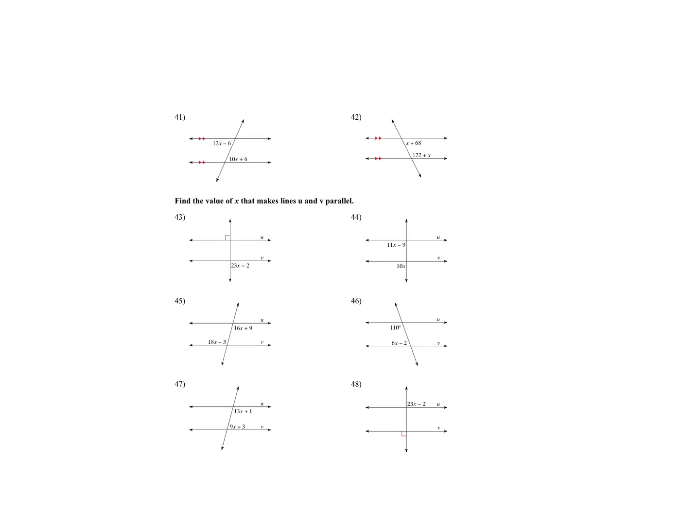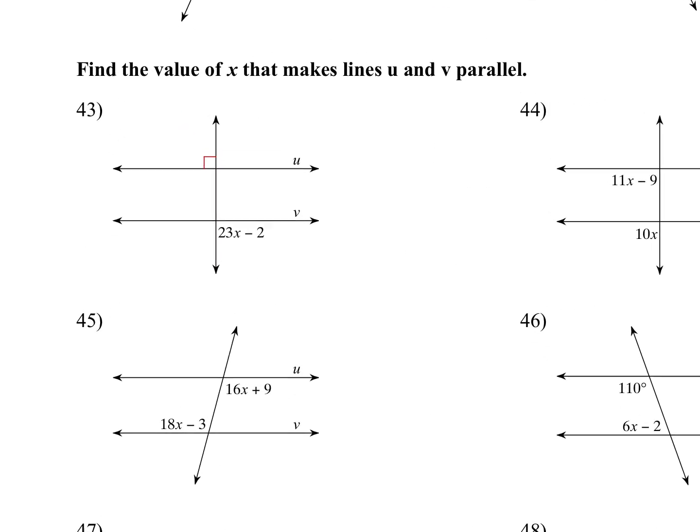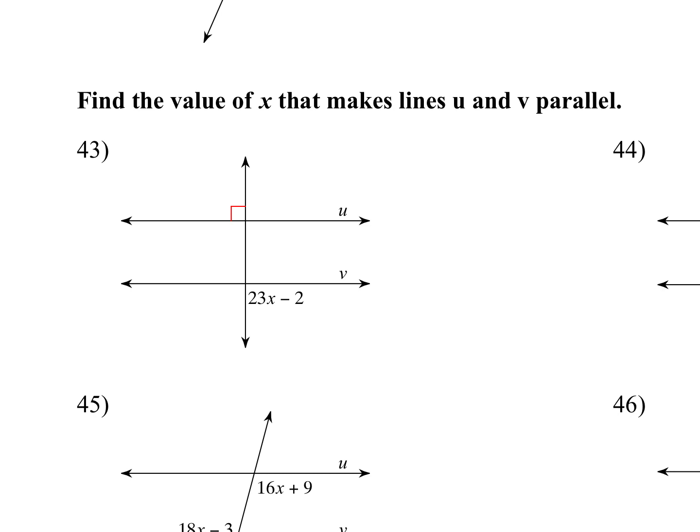Last six. How would I solve for 43? They're 90-degree angles because it's represented using that little box, and they're telling me that U and V are parallel. So I would set it up as 23x minus 2 equals 90.